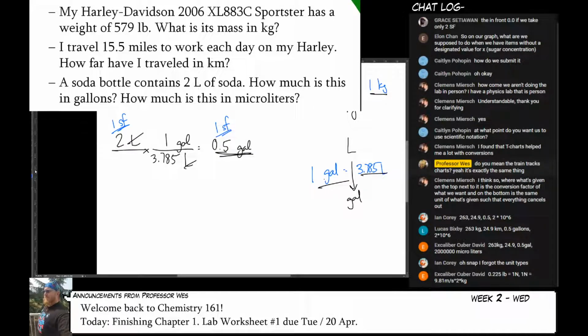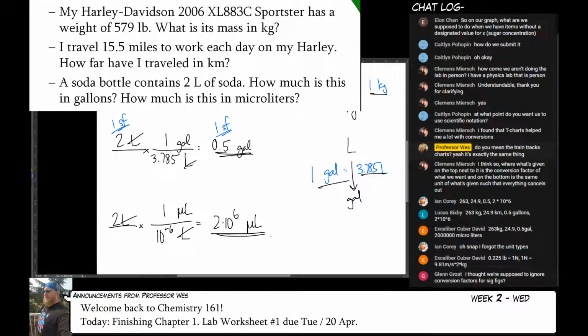And then for the last problem, for microliters, I don't really need to write out the little blueprint here because we can just do this right away. We'll just use a metric prefix here. 1 microliter is 10 to the negative 6 liters. I get 2 to the positive 6. We don't ignore Sig Figs for conversion factors if they are the ones that are the smallest.